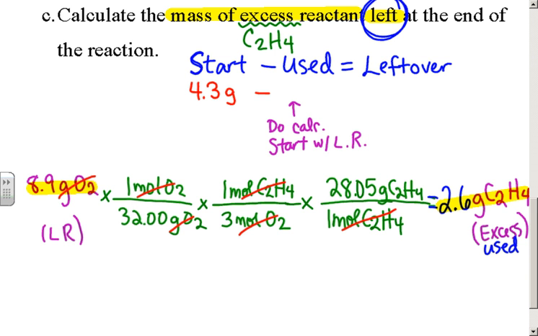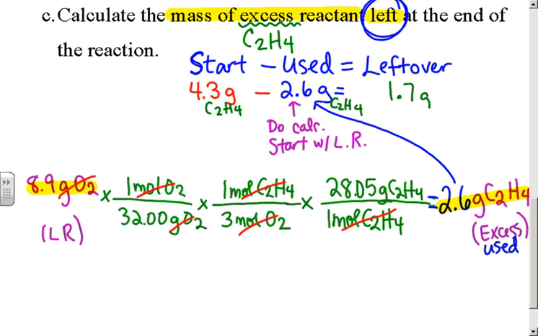So what I'm going to do with that number is fill that in as the amount that was used. So in this experiment, I started with 4.3 grams of the ethene, the C2H4. I used 2.6 grams of that same ethene. So subtracting those two, I find that left over, I had 1.7 grams of ethene. So even once I had used up all of it that could react with the oxygen, that's how much I had left over.